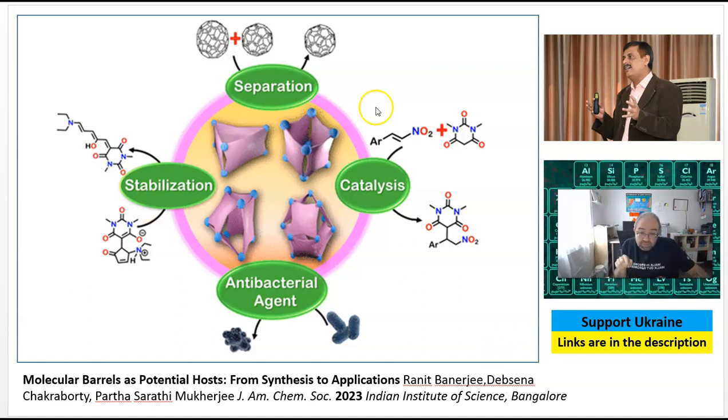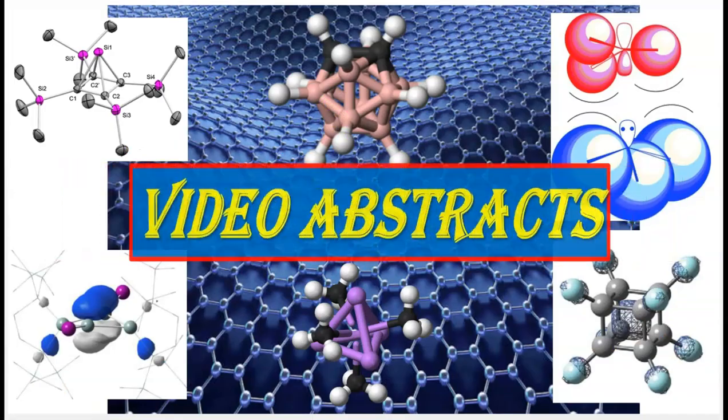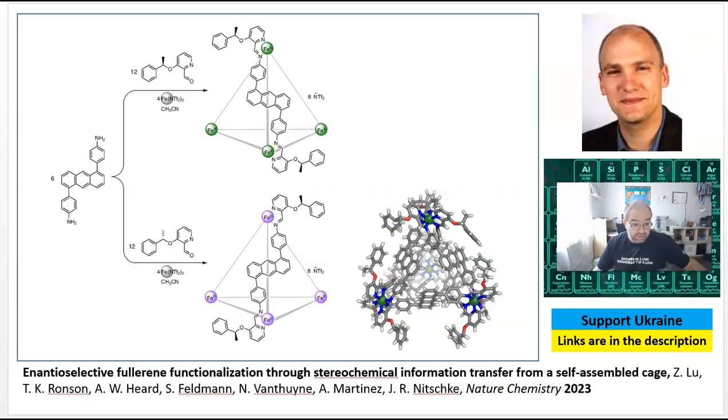And you cannot see in those examples that some molecules from the barrel itself react with the guests, but there was actually such an example published very recently in Nature Chemistry. In this work, the researchers built molecular barrels from chiral building blocks.